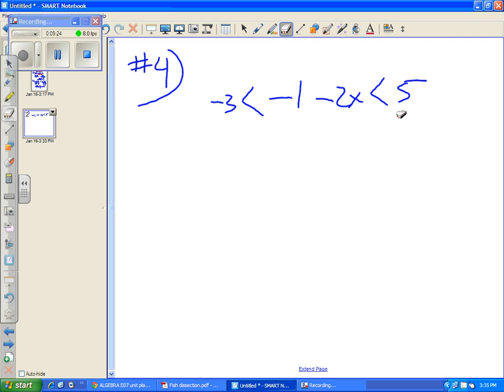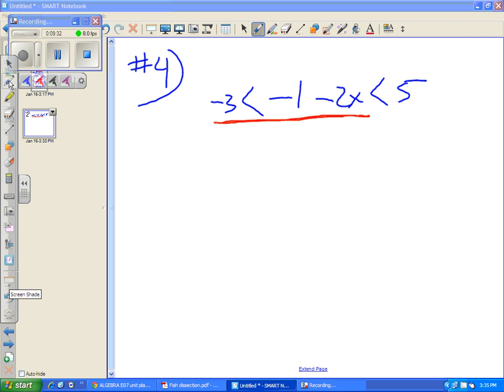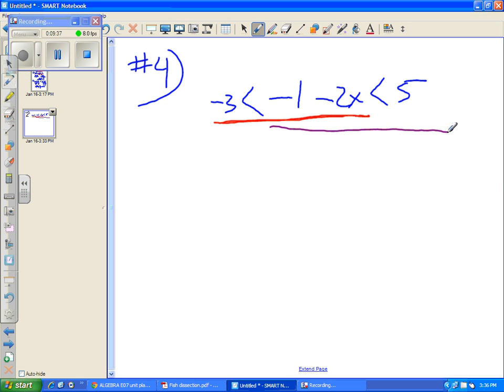So let's first start by treating this like we did the last time as two separate problems. Here is one problem right here that we're going to copy down. And in purple, here's the other problem we're going to copy down. Now notice that I only copied it to the inequality sign. My student just asked that question, so I go negative 3 is less than negative 1 minus 2x.